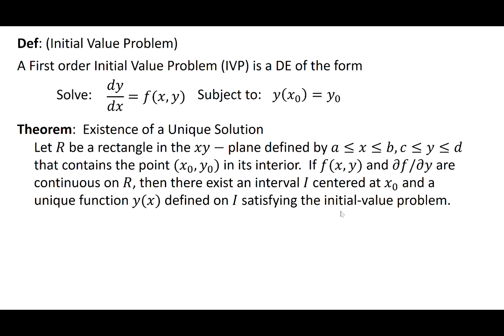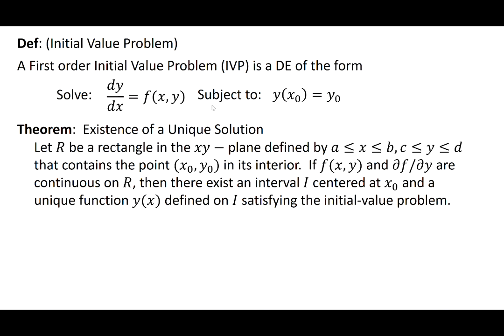Number one, it's about existence. Existence of what? Of a solution. What it is saying is, if you have an IVP, initial value problem, first order IVP like this, you are guaranteed the existence of a solution, meaning there will exist a solution to that kind of an initial value problem.